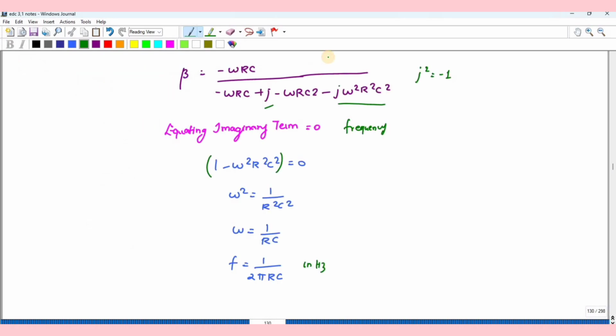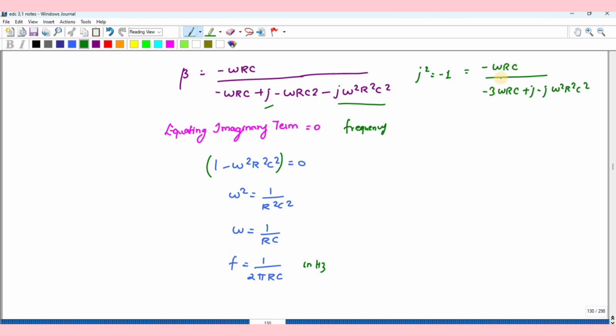In this equation, if the imaginary term goes to 0, you will get beta is equal to minus omega RC divided by minus 3 omega RC, since the j term already goes to 0.